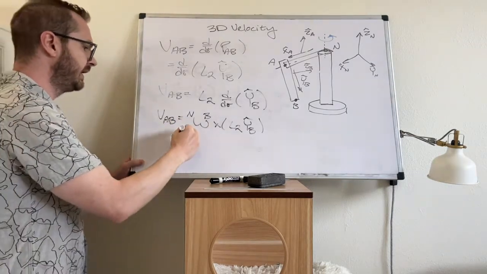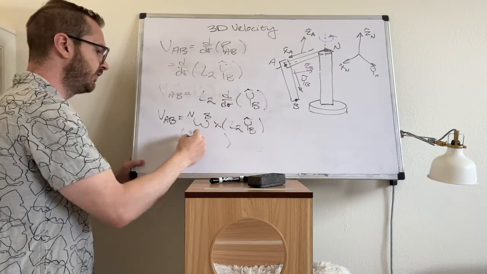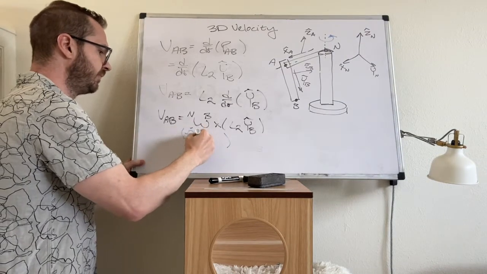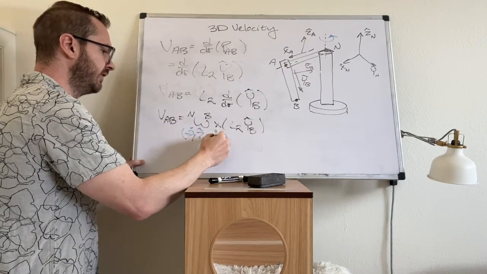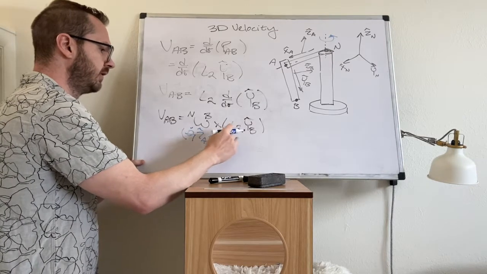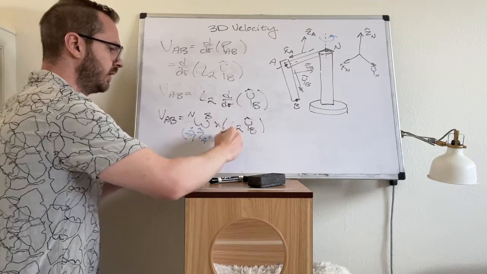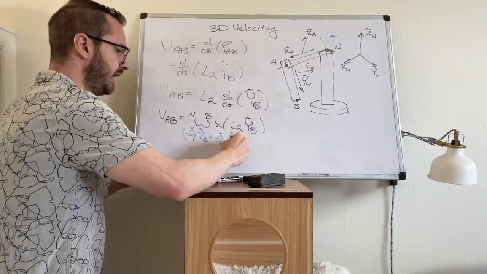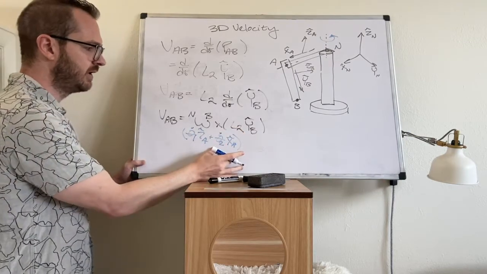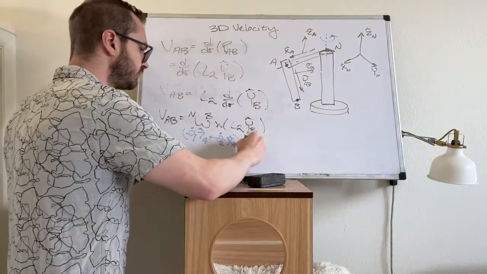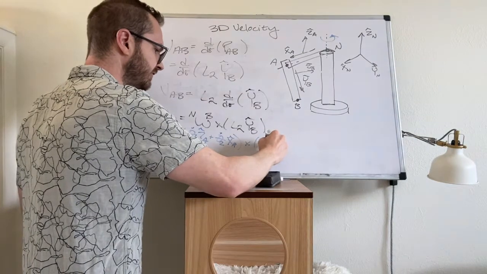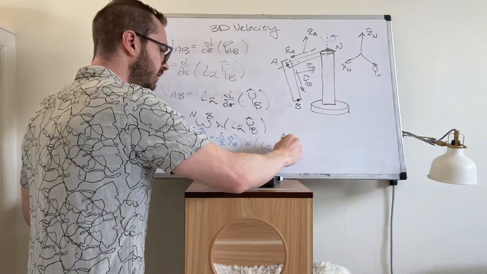What was omega N to B? We said this was theta 1 dot ZA plus theta 2 dot XA. And remember that XA and XB were the same thing. I'm just going to bring this position vector down so we have it. All right.